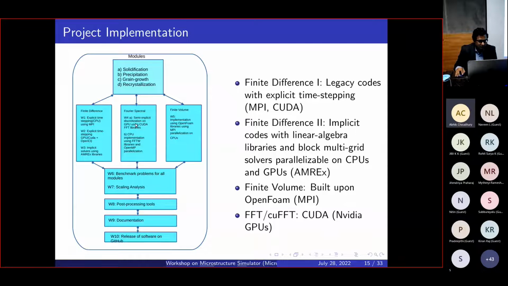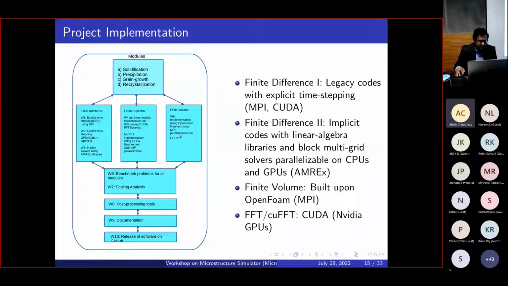Then we have Fourier spectral solvers, with semi-implicit discretizations on the GPU using the cuFFT libraries. We also have a CPU implementation using FFTW with OpenMP parallelization. Apart from this, we have OpenFOAM multiphysics solvers, which allow finite volume discretization and are parallelized on the CPUs using MPI.